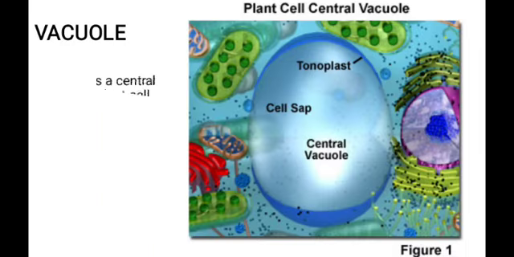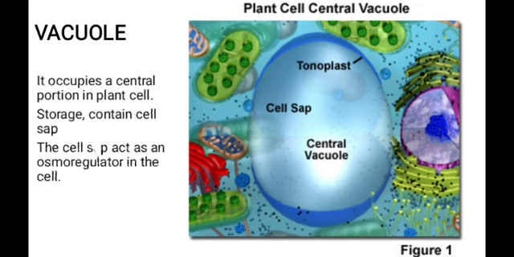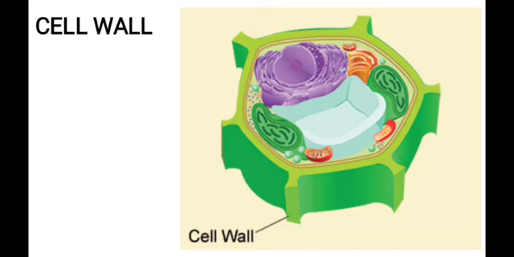The vacuole is more centrally placed in plant cell, and the vacuole contains cell sap. It is also for storage, and the cell sap that is found in the vacuole acts as an osmoregulator in the cell. That is, it controls the salt and water concentration of the cell.